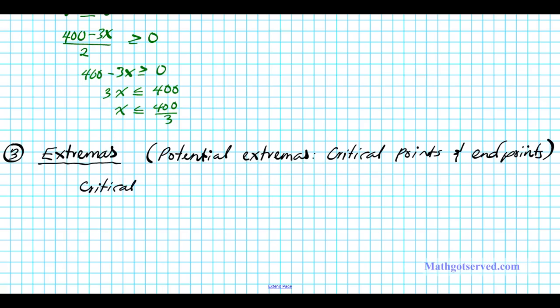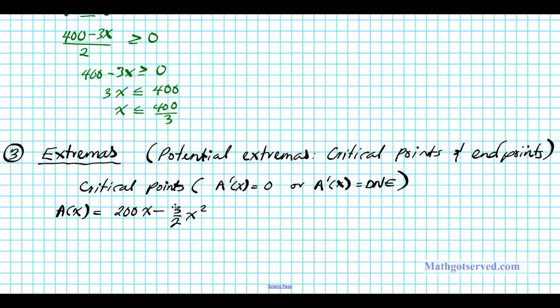What are your critical points? Your critical points are where the derivative is equal to 0 or the derivative does not exist. We have our function, 200x minus (3 over 2)x squared.